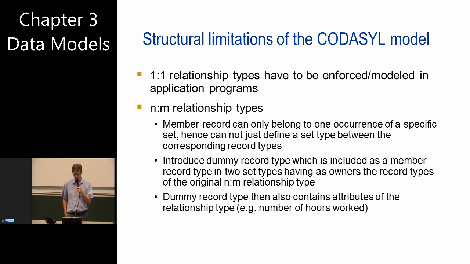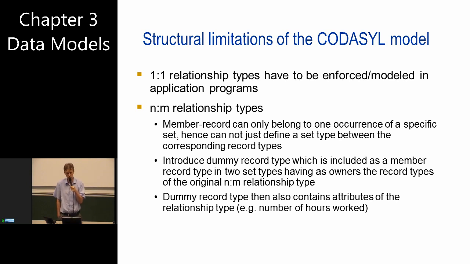What are some of the structural limitations of the CODASYL model? Well, the first one is that the one-to-one relationship types have to be enforced or modeled in the application programs. This is similar to the hierarchical model. So if you have a one-to-one relationship type, imagine that you have a relationship type between student and master project. A student has to do minimum 1, maximum 1 master project.